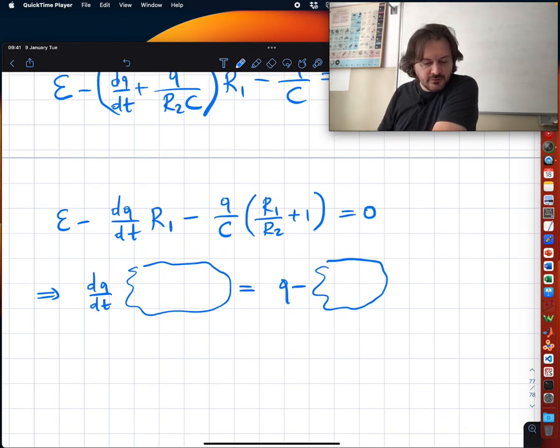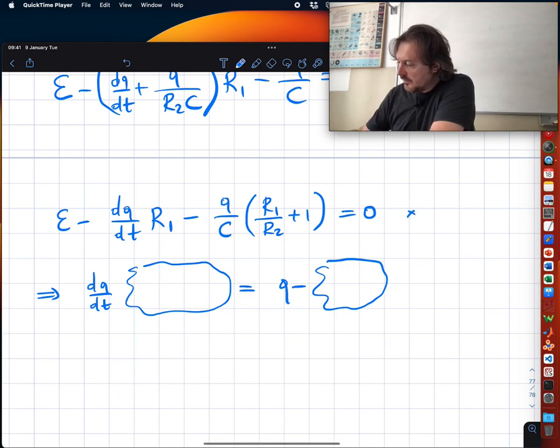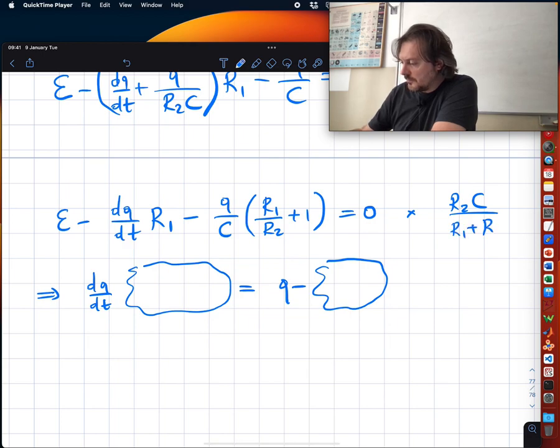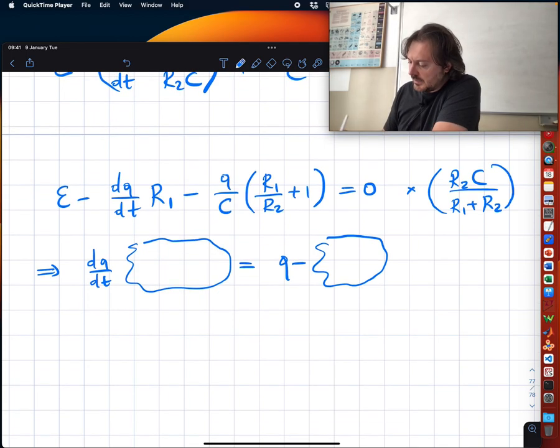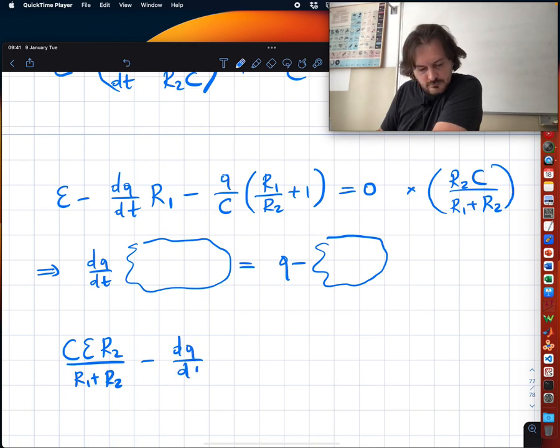So to achieve that, I will multiply this side by R2C over R1 plus R2. Okay, let me just multiply it with that. What do I get? I get CE R2 over R1 plus R2 minus dq over dt.